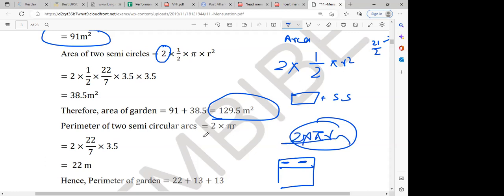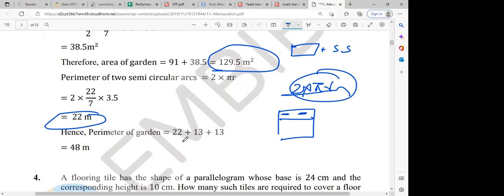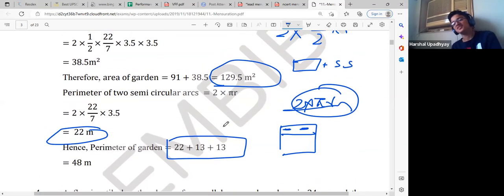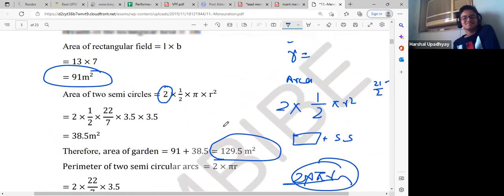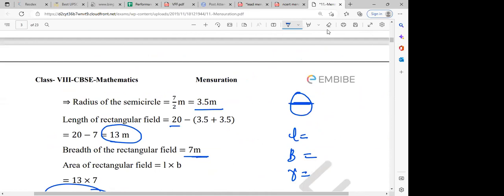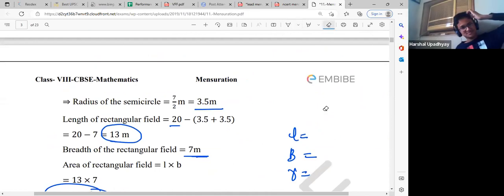Now you will put the value and get the perimeter for the two semicircles, and you know the perimeter of the rectangular garden. Then you will simply add it, 22 plus 13 plus 13, and you'll get it. Clear? I don't want to do all this stuff. Oh, you can copy it then. Yeah, okay.